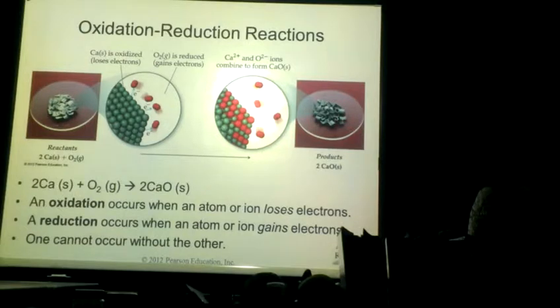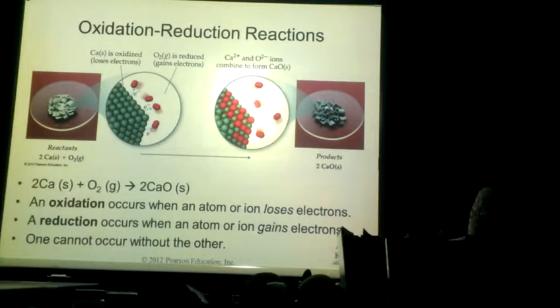Let's go back. So in a redox reaction, we have actually 2 different steps that are trying to happen simultaneously. Let's say, for example, we are going to react calcium with oxygen, and in this reaction, we're going to produce calcium oxide. Okay? Oxidation is 1/2 of this step for the reaction, and oxidation occurs when an atom or ion loses electrons.